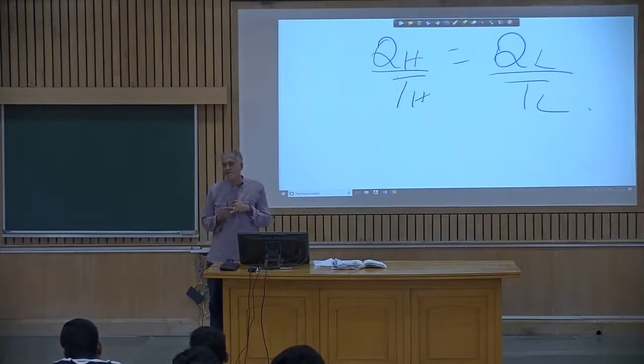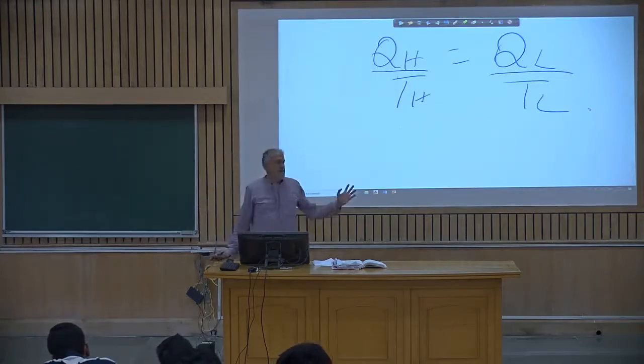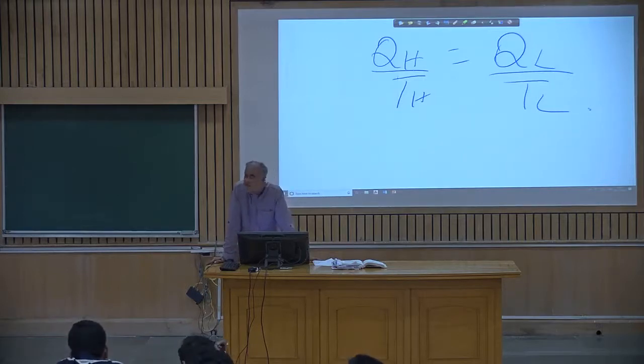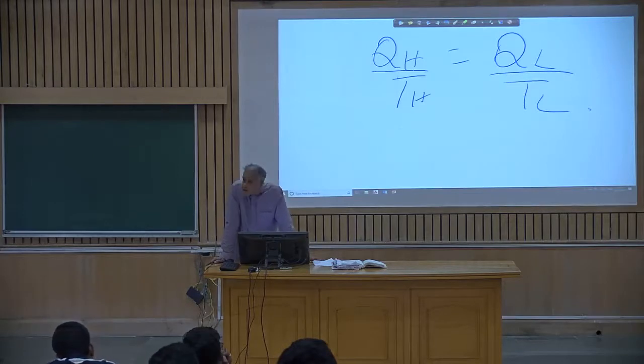And temperature is a macroscopic quantity. This is his big finding. And this is for a reversible process. I think I've already gone through reversible and irreversible. Can you write it? This he did for a reversible process.